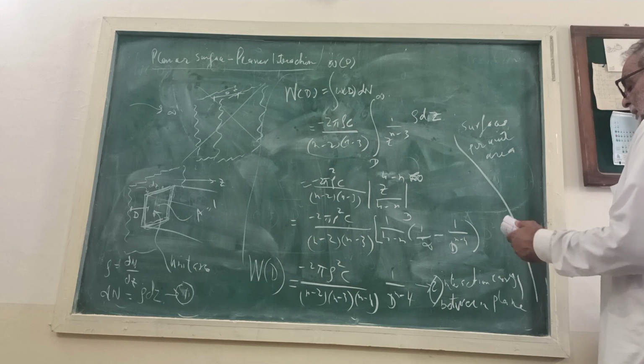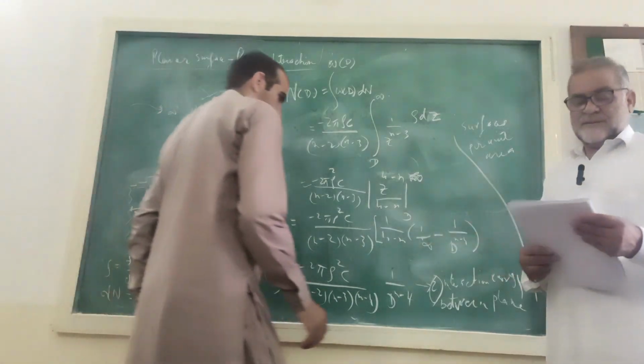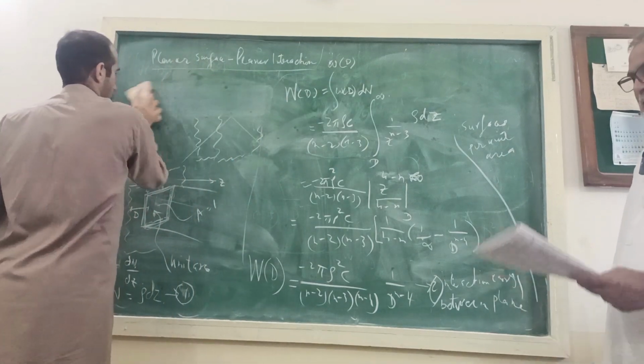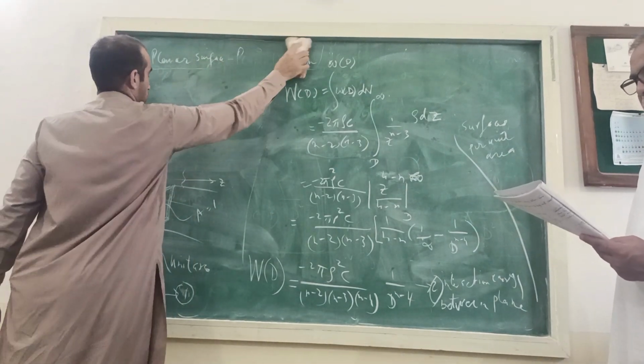Okay. If we talk about the van der Waals interaction, for van der Waals n is equal to 6, right?